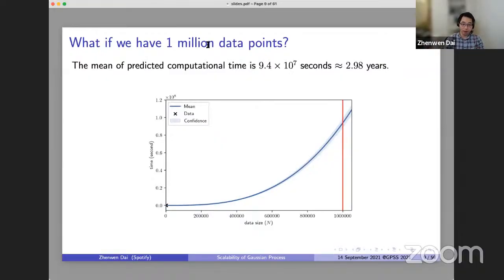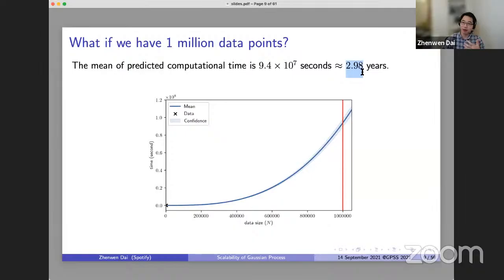Say for these simple cases on my laptop, this will actually not be possible because we will first run into a memory limitation. But just for the time being, imagine on my laptop I have unlimited CPU memory, and we follow the same runtime scaling. If I have 1 million data points, one iteration of a log likelihood calculation will actually take about 3 years.